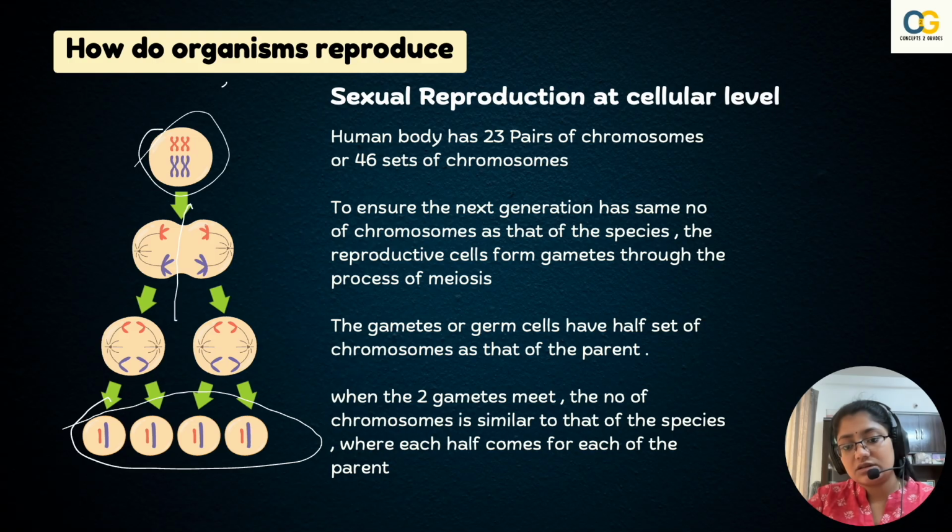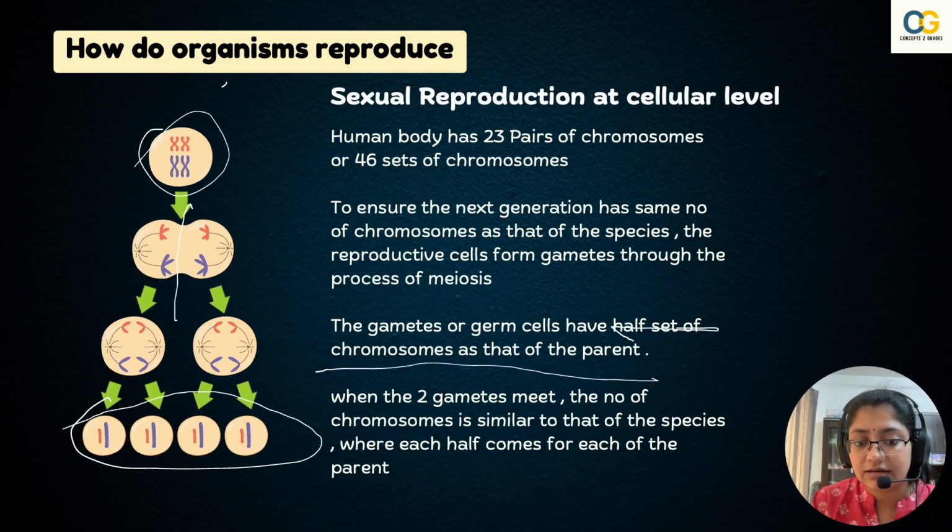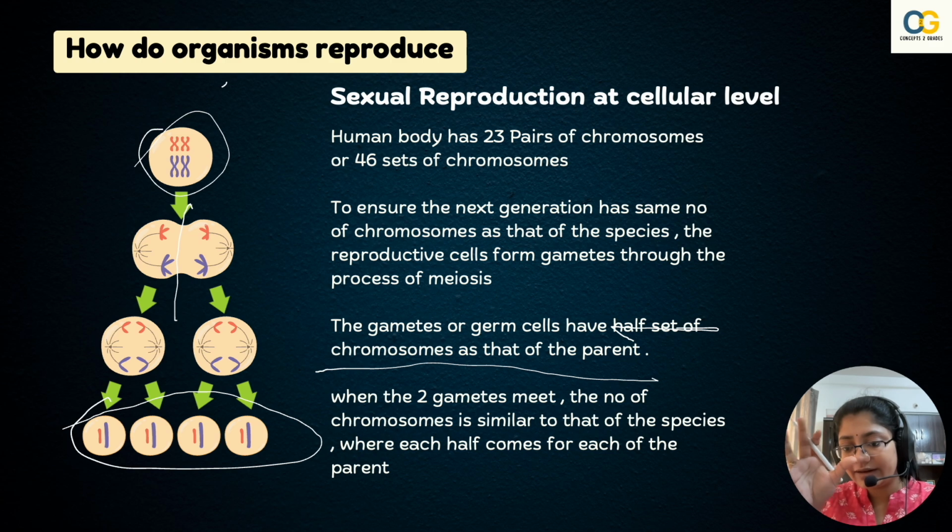The gametes, or germ cells, have half the set of chromosomes of the parent. So if the parent has 46 chromosomes, the gamete will have 23 chromosomes. 23 from the mother and 23 from the father become the new child. Even you are made like that. Your 46 also come from 23 from your mother and 23 from your father.